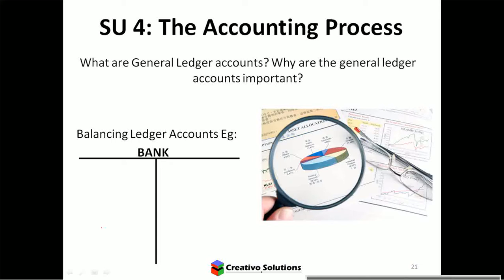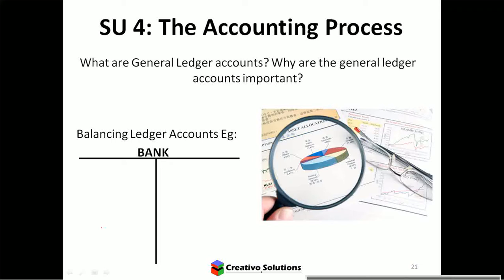Okay, so do you agree the business is going to have lots of different types of assets? Am I going to put all the assets in one account? No, it wouldn't make any sense, because you need to identify the different assets. Okay, so what assets can we get? Just give me two. Land and building, and vehicles.